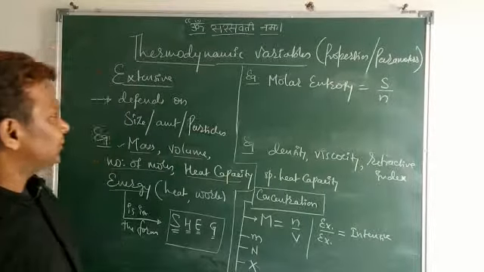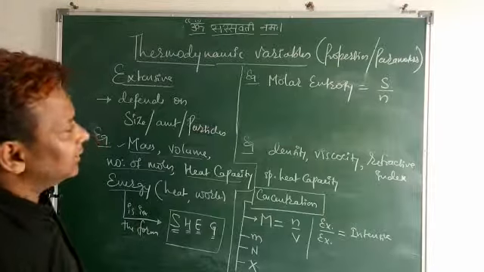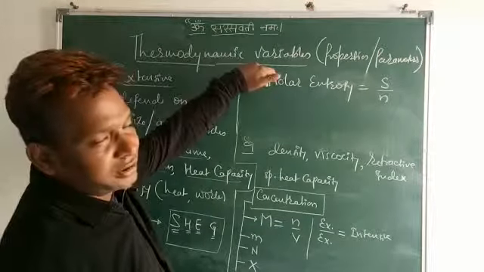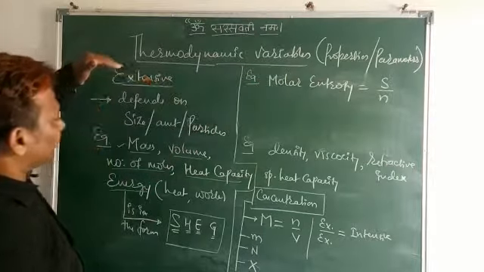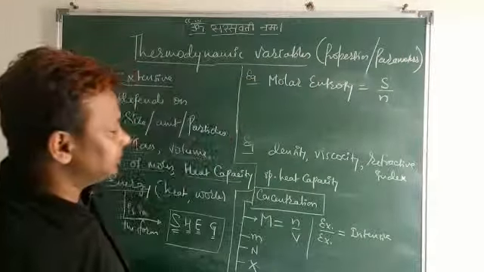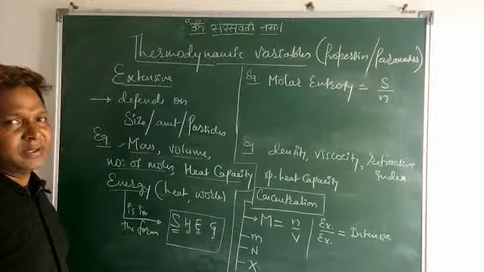So these are a few examples of extensive and intensive properties, and the way to remember is: a property which depends on the number of particles is extensive, and a property which does not depend on the number of particles is intensive. These are the few examples I have covered about the thermodynamic variables or parameters.